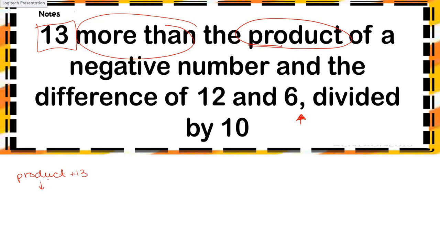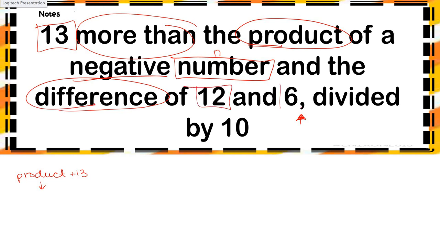And that product is a negative number. So this time I'm going to use n. And the difference of 12 and 6. Okay, so I want a negative number. So negative means that n is going to be negative. Times, but I want to times by the difference.